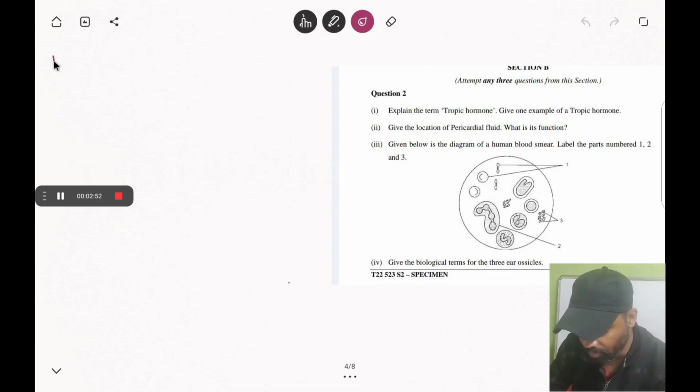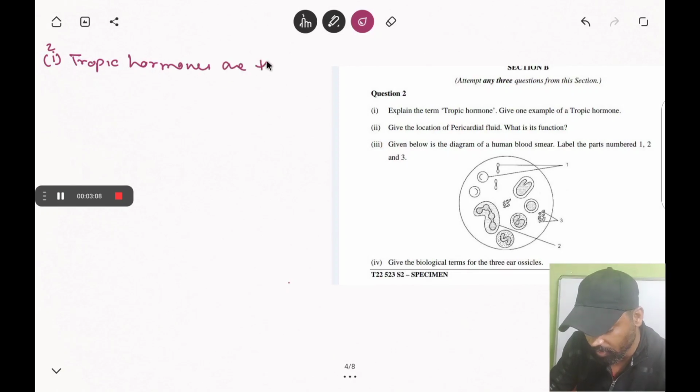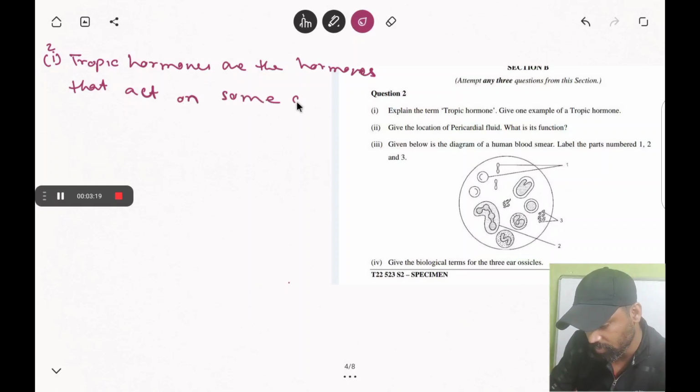Number 1. Part 1. Explain the term tropic hormone. Give one example of a tropic hormone. I'm just writing it. Tropic hormones are the hormones that act on some other endocrine glands as their target.